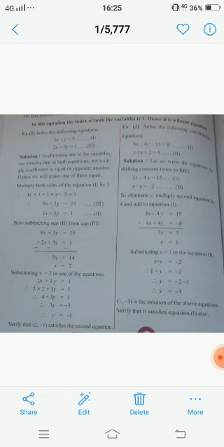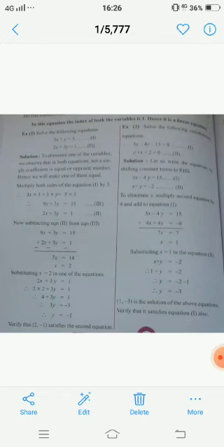Now here I have taken two equations, 3x plus y equals 5, and 2x plus 3y equals 1. Both equations have the same sign, and all the coefficients of the variables are different. So you have to make the coefficient of a variable the same with different signs, because that will be easier to eliminate one of the variables.